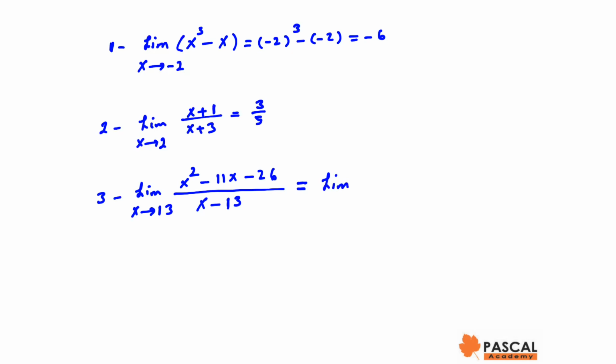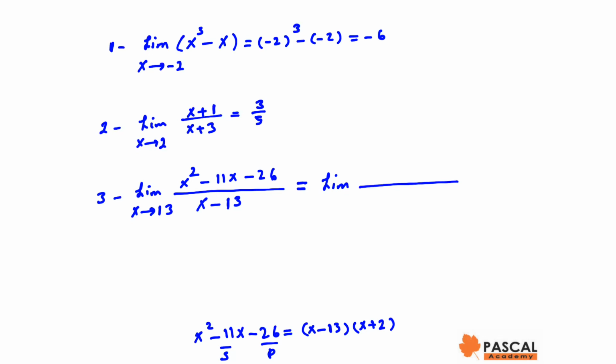We factor the numerator of the given function. To factor x^2 minus 11x minus 26, we are looking for two numbers. Their sum is minus 11 and their product is minus 26. They are minus 13 and positive 2.